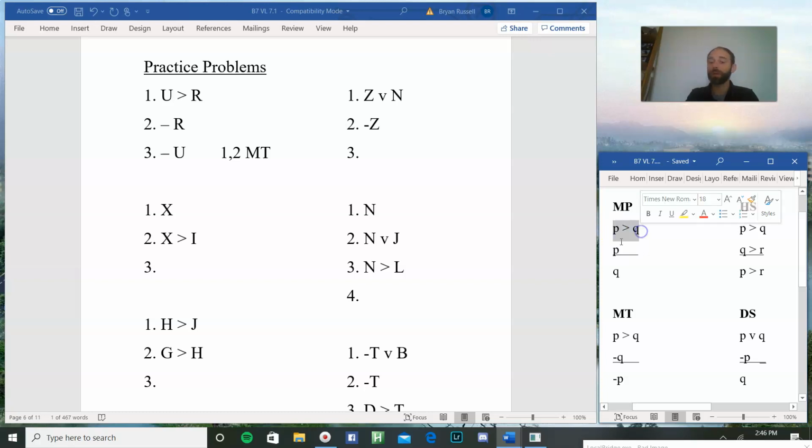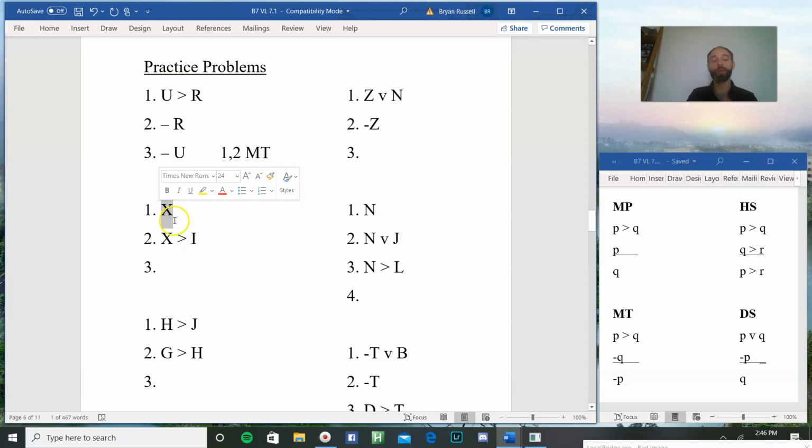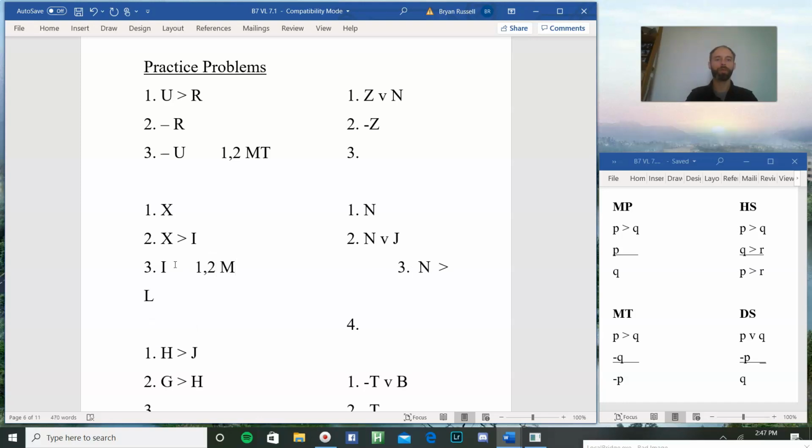MP tells us if we know P, and if P then Q, then we can get Q. So here we know if X, then I, and we know X. So if we know X, and we know if X, then I, then we also know I. And how do we know that? We know that because we can do, on lines 1 and 2, MP.